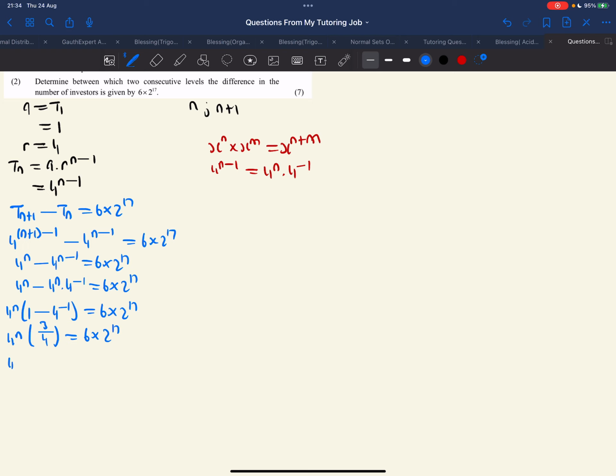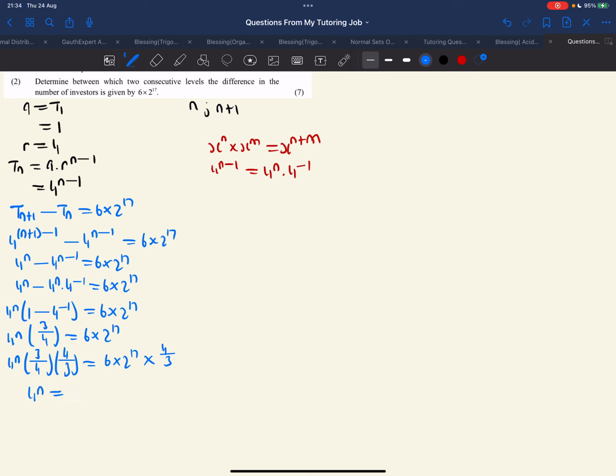So we have 4 to the power of n multiplied by 3 over 4 times 4 over 3, and on the other side we have 6 times 2 to the power of 17 multiplied by 4 over 3.